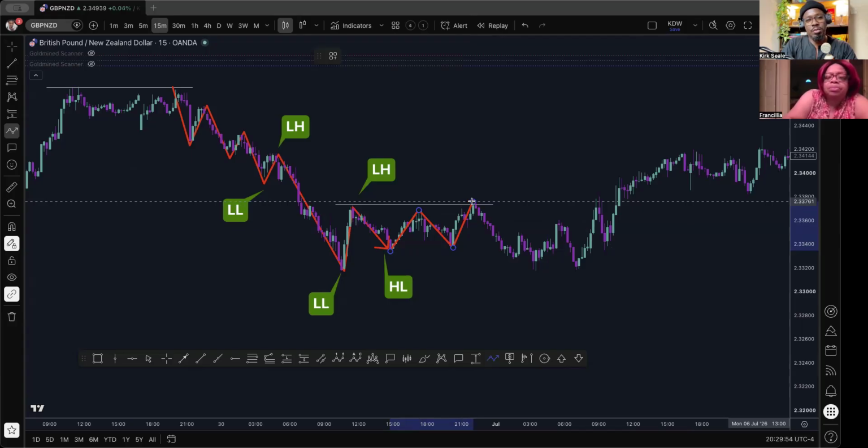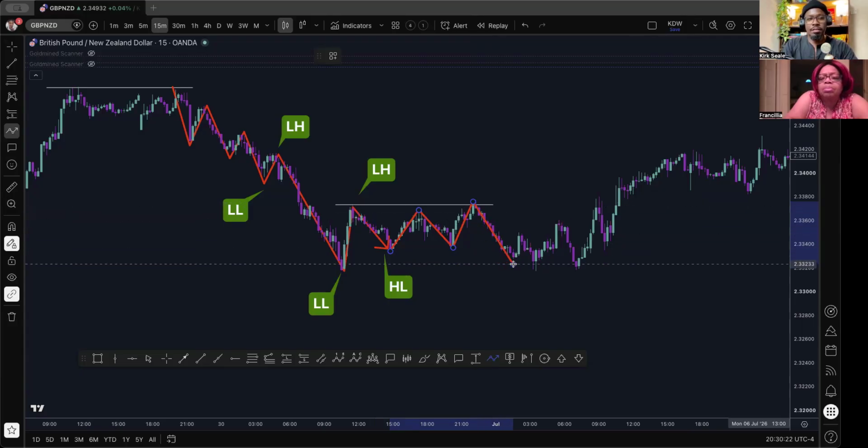So if we said that this was a higher high, and these are all higher lows, this is the higher high. At this point, this is where we will look for C. All right, we will look for C here. But we have to wait for price to slow down and all that fun stuff.